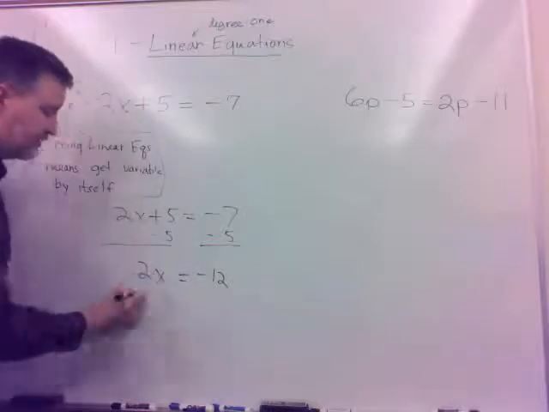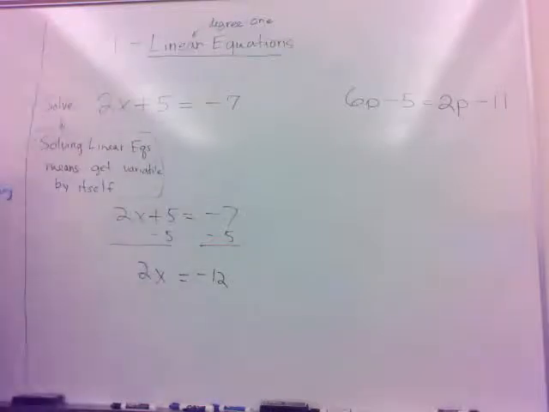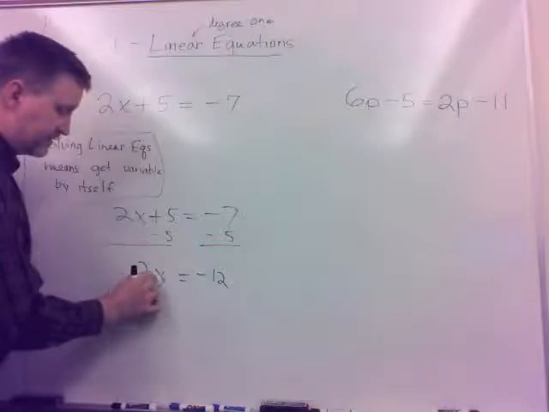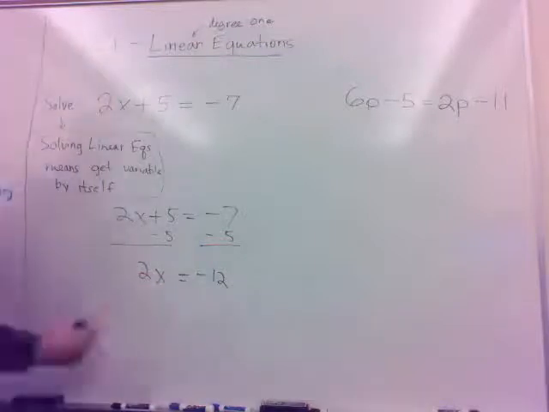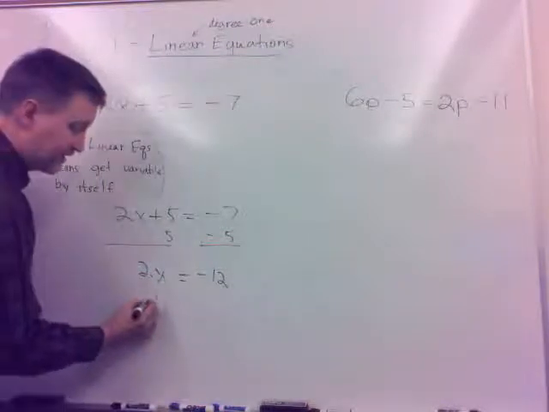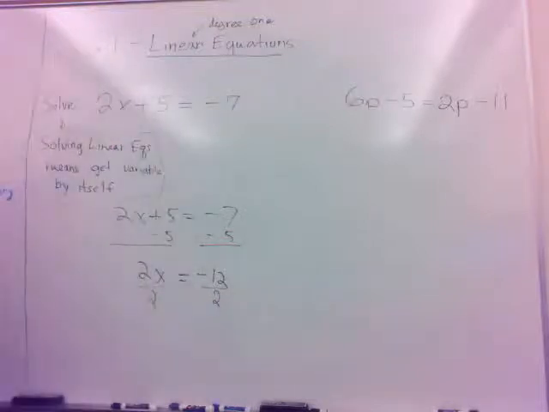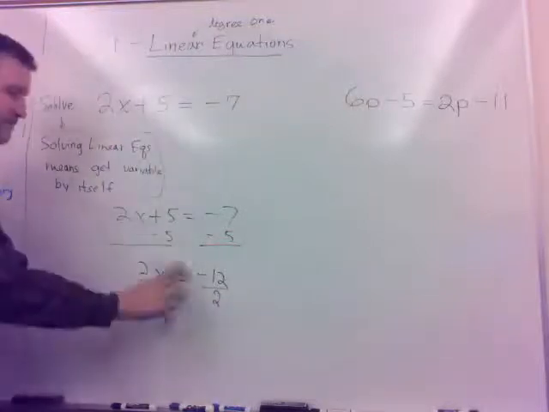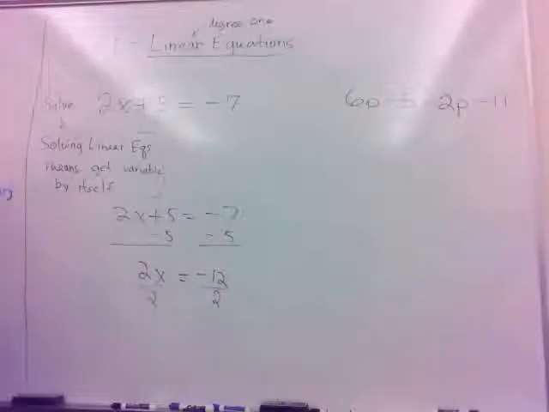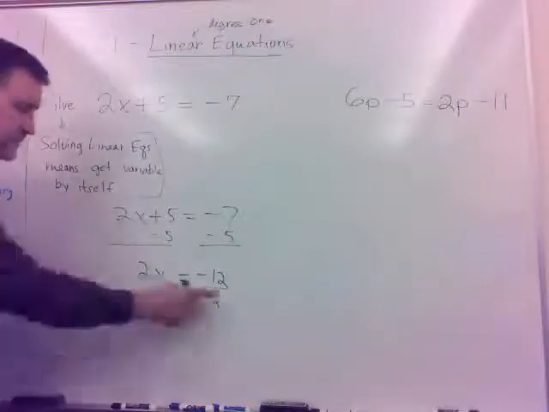Recognizing that this is 2 times x, that times doesn't show up but is understood to be there. So to get rid of the 2, we do the inverse operation of times, which is divide. So we divide both sides by 2. Again, basic rule of solving, do the same thing to both sides.